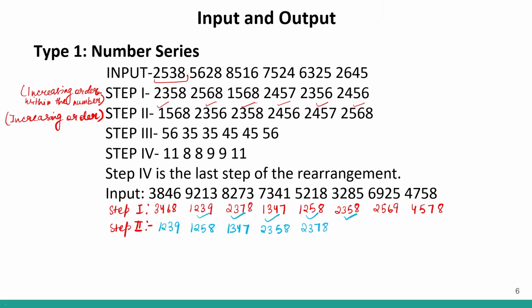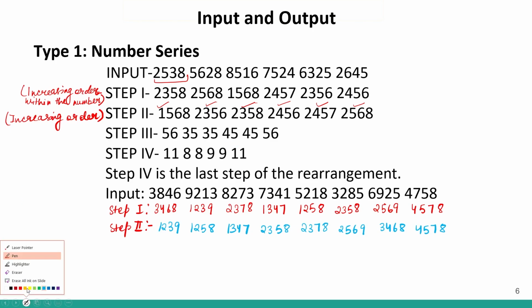After this, we will move on to 2569. Correct? Then 3000, so 3468. And then we will get 4578. So now we have also arranged them in increasing order. The entire range we have arranged in increasing order.